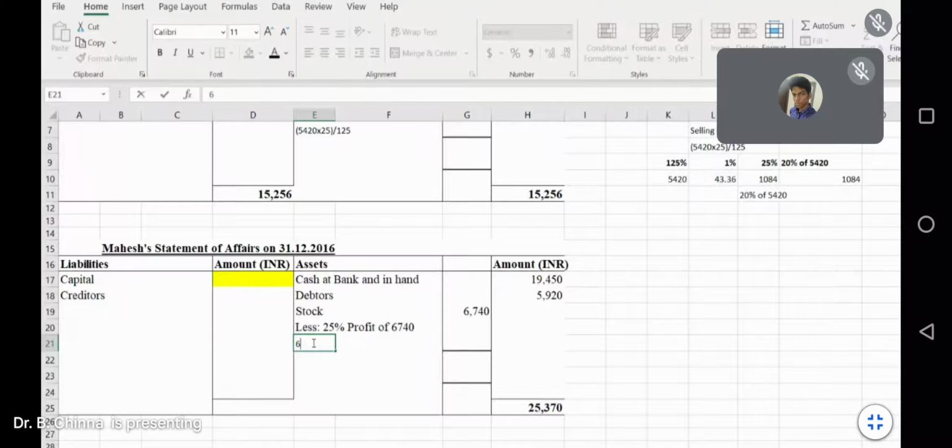1,348. 6,740 multiplied by 25 whole divided by 100. Sir, 1,348, sir. What is the amount? 1,685.